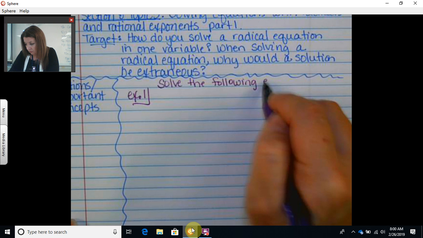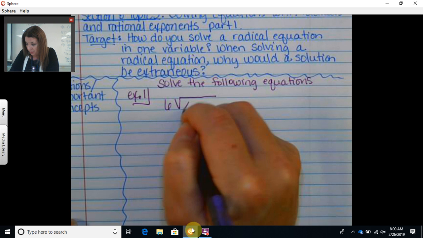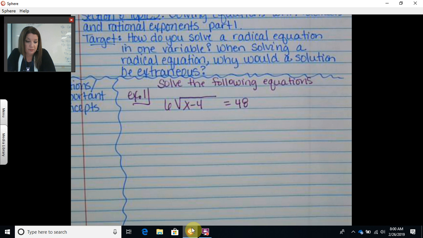We have 6 times the square root of x minus 4 equals 48. So as you can see, we have a radical in our equation. So these are called radical equations, okay?